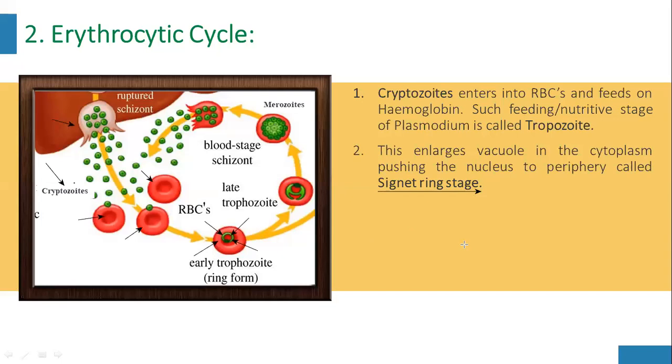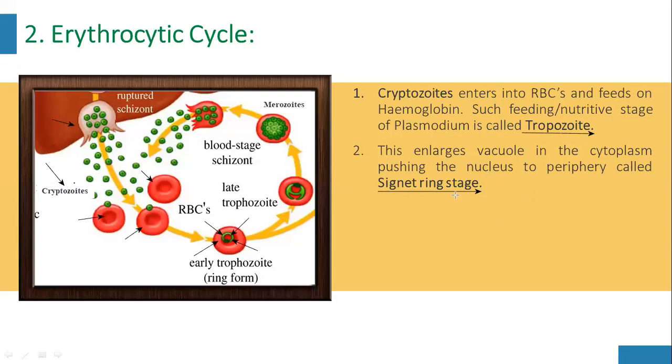So which particular stage of Plasmodium shows the signet ring stage? Trophozoite always shows the signet ring stage. This is a very important NEET level question. This is also a very important 1-mark question. What is trophozoite? The feeding stage of Plasmodium on RBCs is called trophozoite.